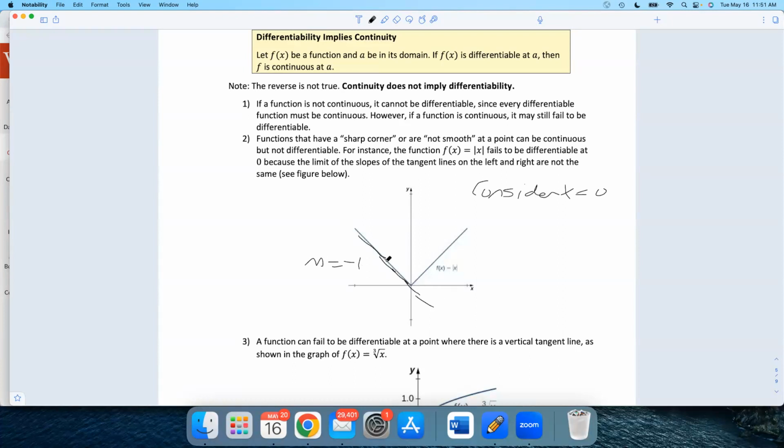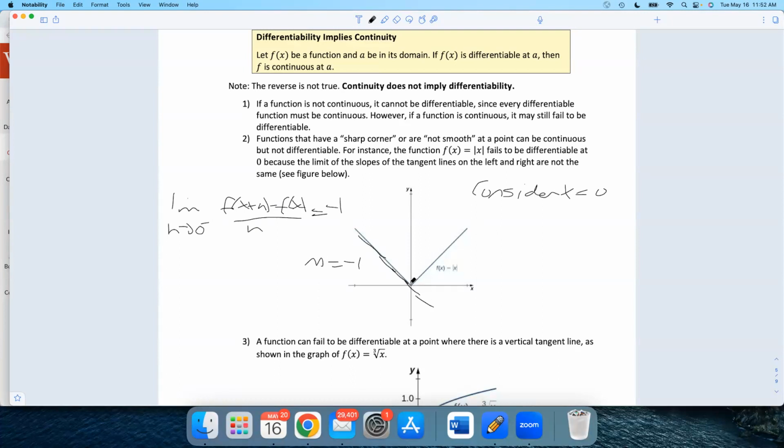So if I wanted to do a one-sided derivative, the limit as h approaches 0 from the left of f of x plus h minus f of x over h, the so-called left-sided derivative, that would just be -1 because all of these slopes are -1.